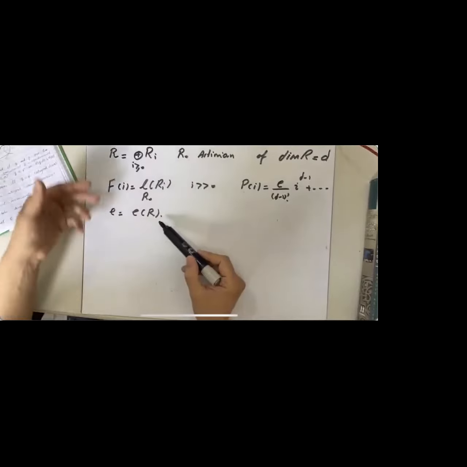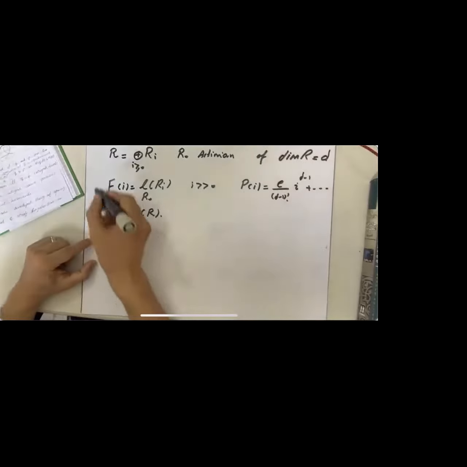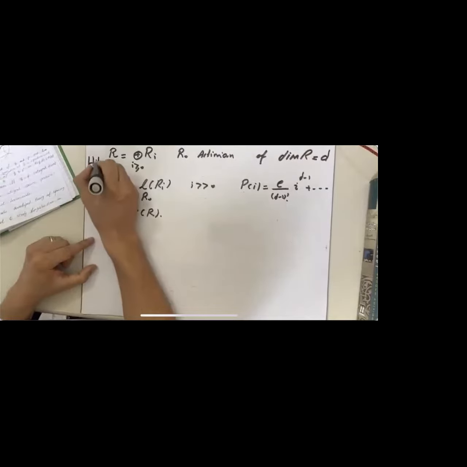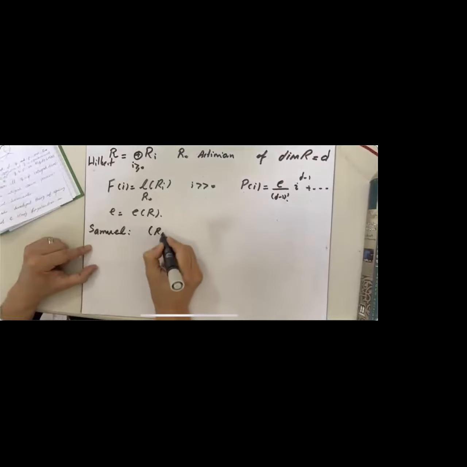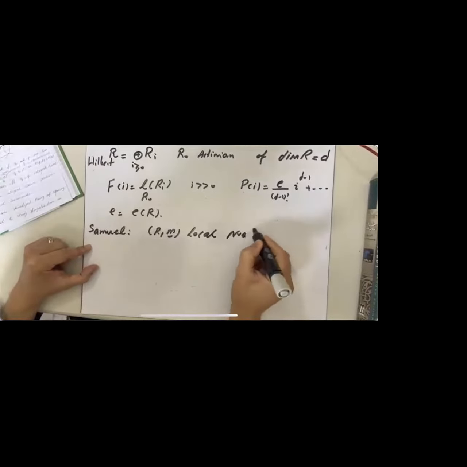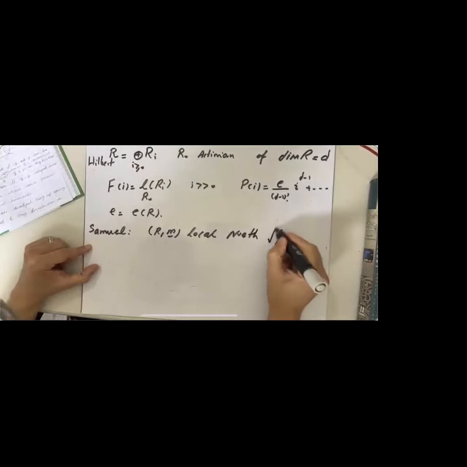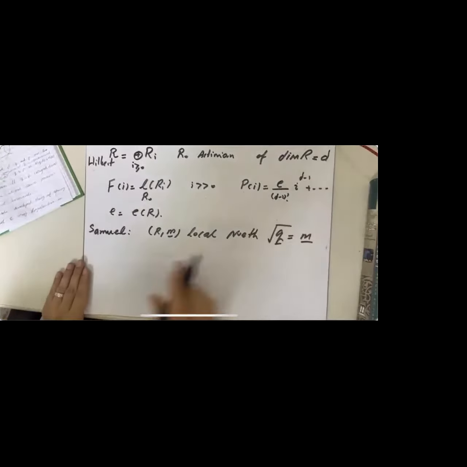So this definition of Hilbert, which works for the graded ring, was generalized by Samuel for local rings. So you take a local Noetherian ring, and you take an ideal of definition, meaning an ideal whose radical is just the maximal ideal.